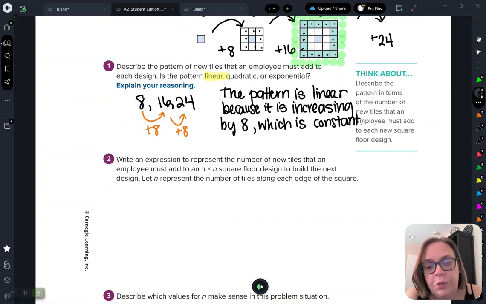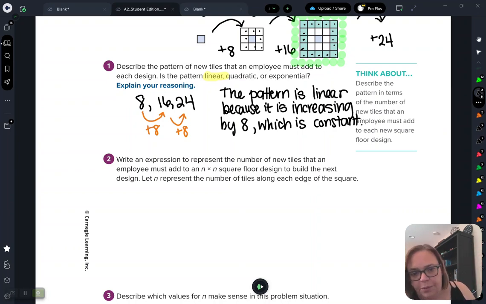Now we're going to write an expression to represent the number of new tiles that an employee must add to an n-square floor tile design to build the next design. Okay, so n represents the number of tiles along each edge. Okay, so I've used n to represent the design number.